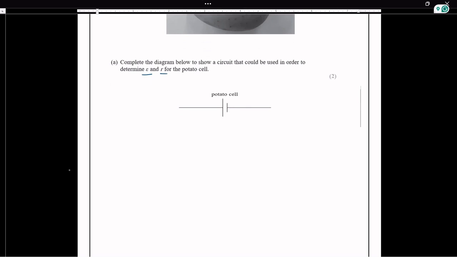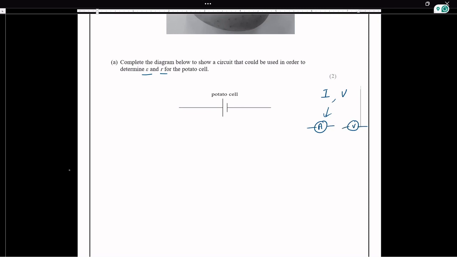And we know that to calculate E and R, we need to know how much current is flowing through the circuit and what the voltage is. So for that, definitely we need an ammeter, and also we need a voltmeter.